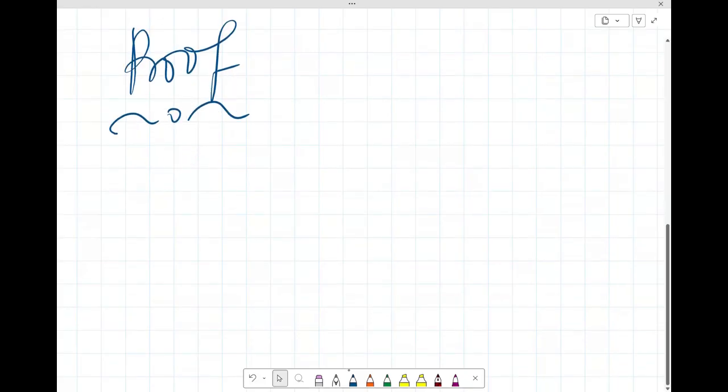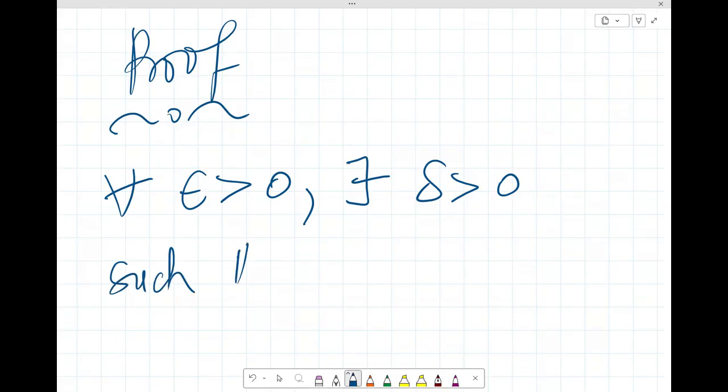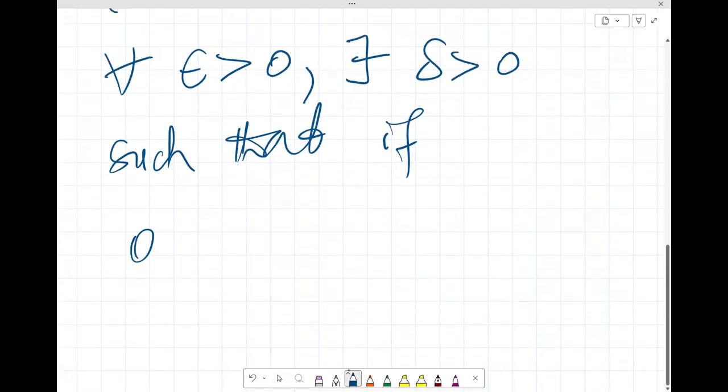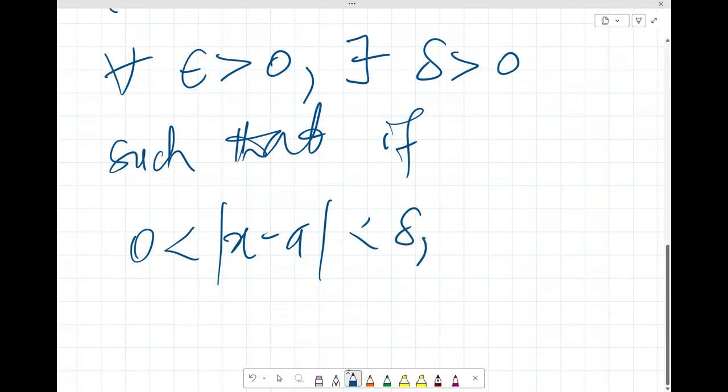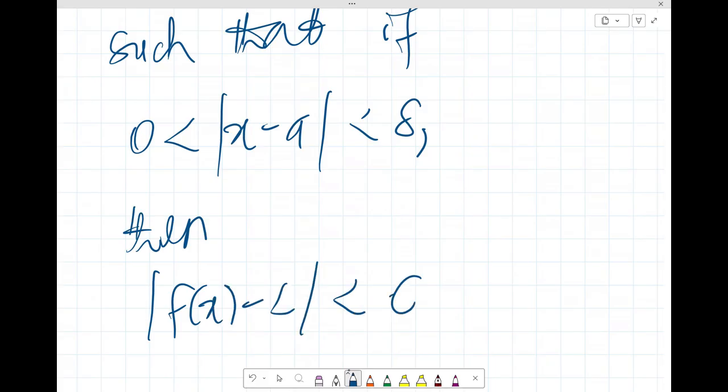The epsilon-delta method simply starts with an epsilon. For all epsilon greater than 0, there exists a particular delta, also greater than 0, such that if 0 is less than the absolute value of x minus a less than delta, then the absolute value of f of x minus L is less than epsilon.